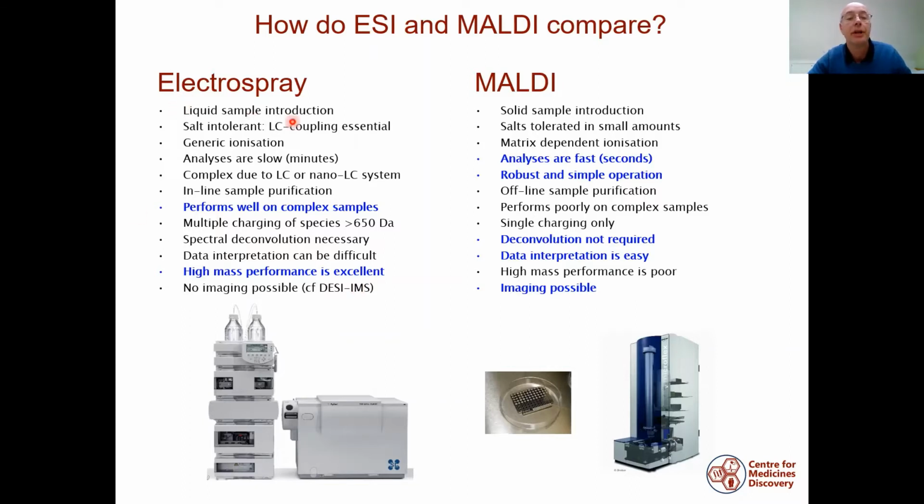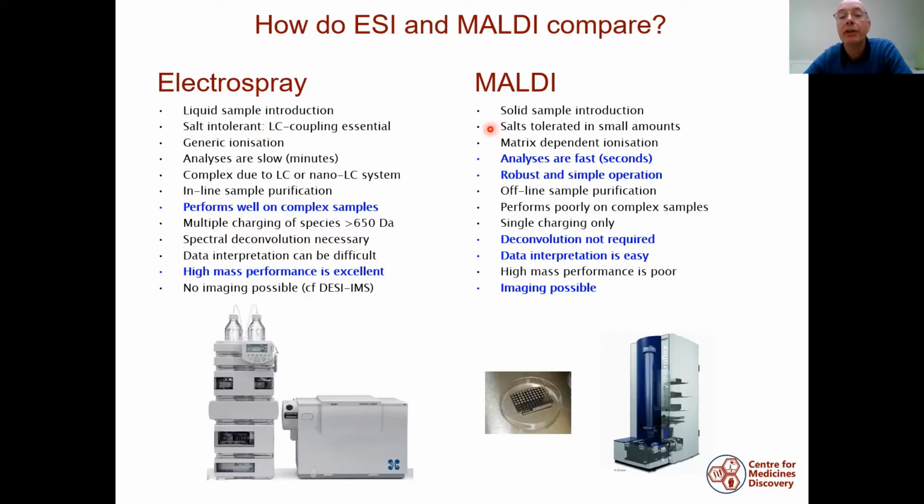The main differences in terms of sample introduction: in electrospray, it's a liquid sample introduction. In MALDI, the sample introduction has to be solid. Electrospray is rather intolerant to salts, but in general that doesn't matter because almost always your electrospray mass spectrometer will be connected up to a chromatography system. So the desalting will happen there.